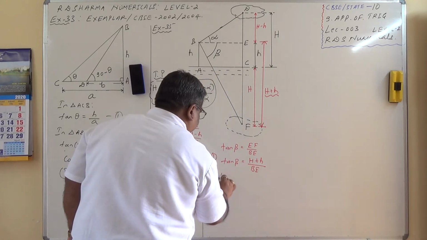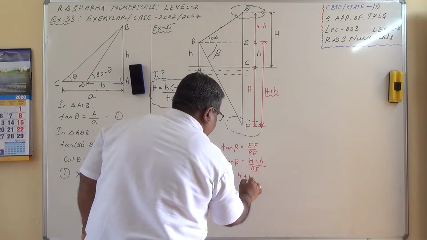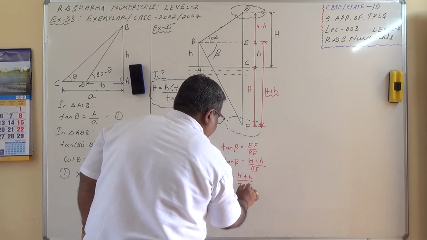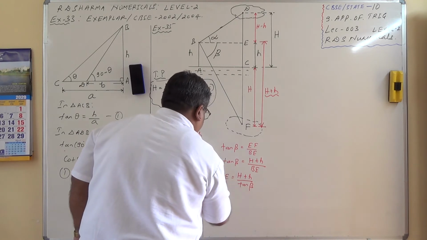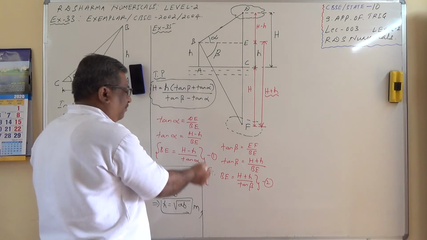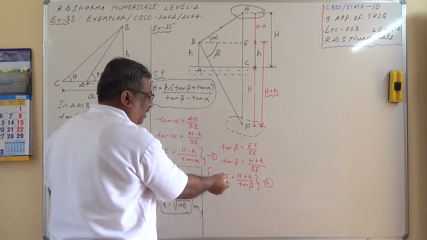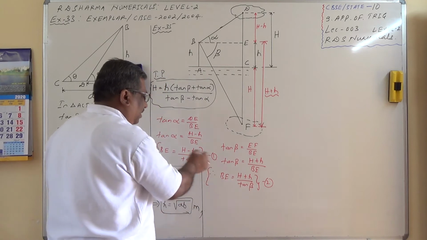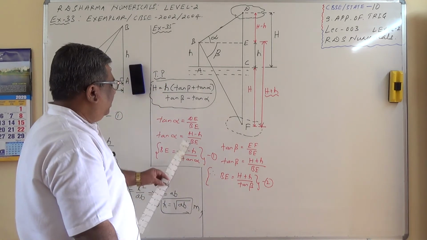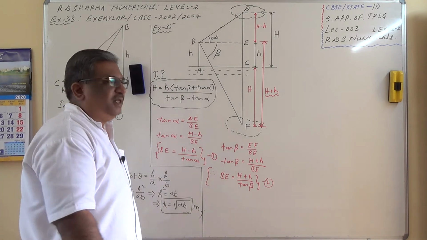Therefore BE equals H plus h divided by tan beta. Mark this as 2. So from 1 and 2, BE equals H minus h by tan alpha, BE equals H plus h by tan beta. Equate these two and extract capital H from this one. That should give you the result.